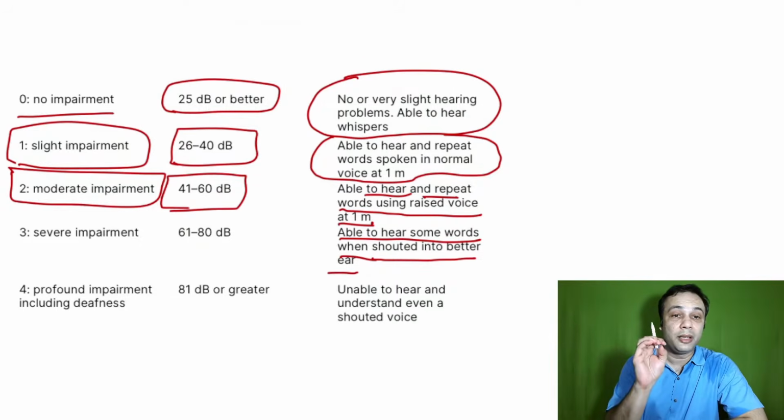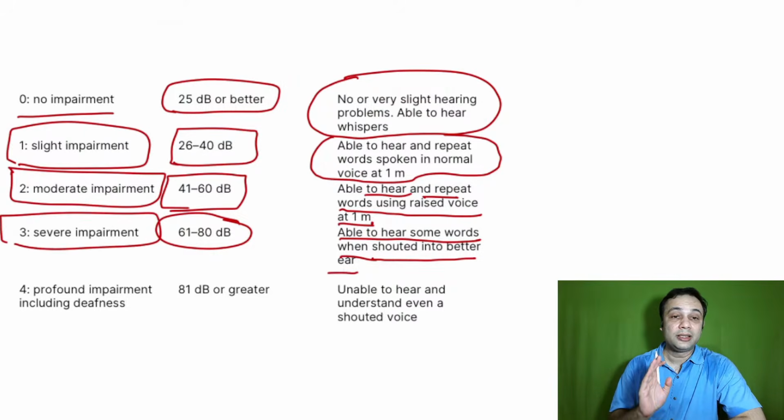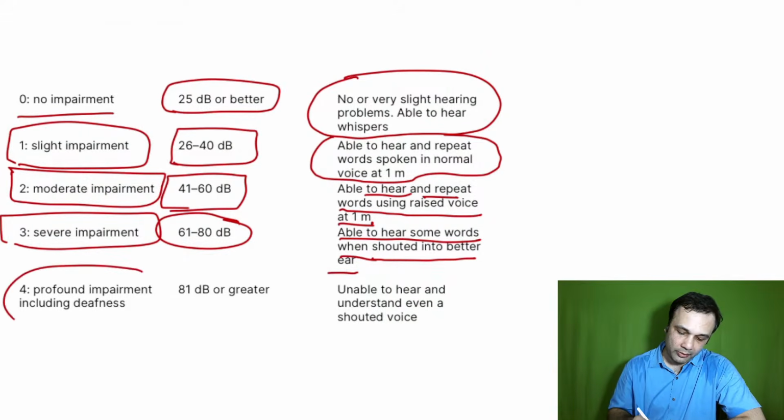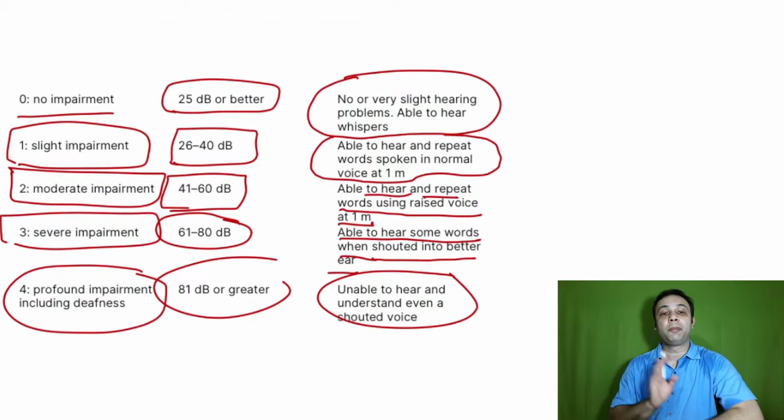So this impairment requires a severe degree or a high degree of amplification, and when you're looking at a severe impairment, that is 61 to 80 decibel hearing loss, right? So this is the reason why this is the answer. You need to amplify sounds many a times for a patient with severe impairment to hear. And definitely when you look at profound impairment, they definitely require some sort of hearing amplification device.